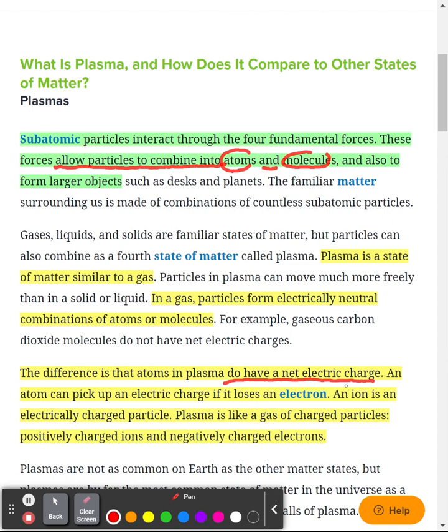And remember, in this case, it would become a positive ion, and we call these specifically cations, because it would have more positive charge.